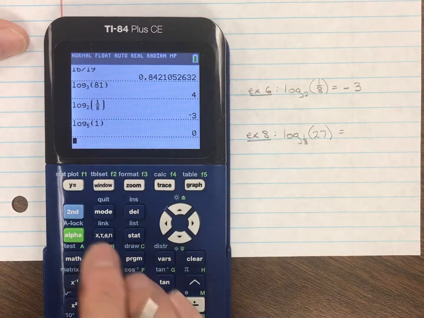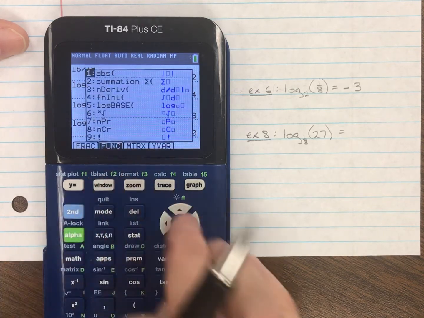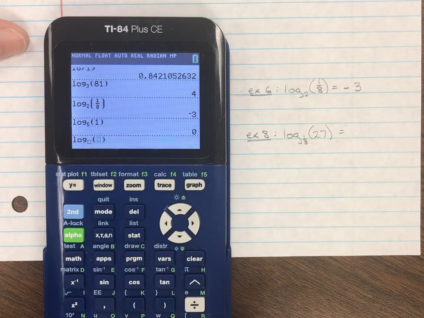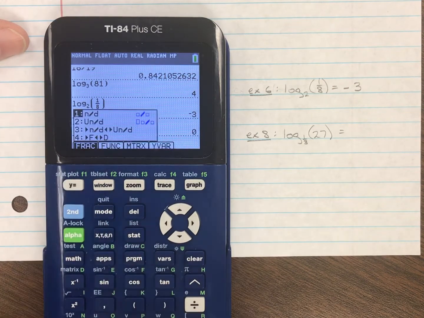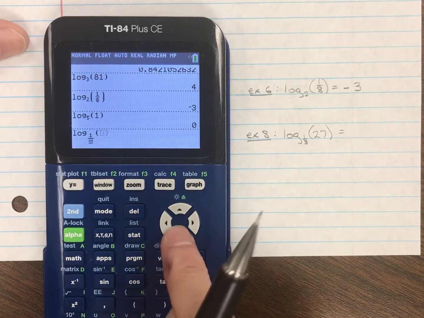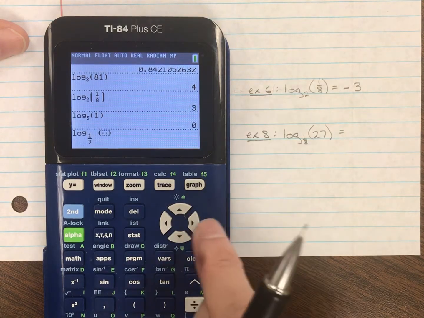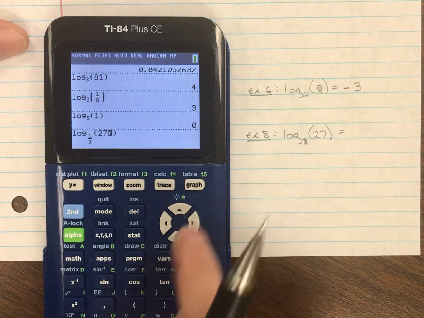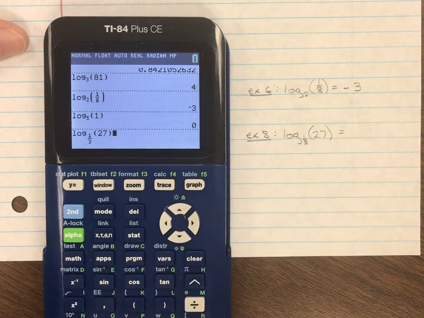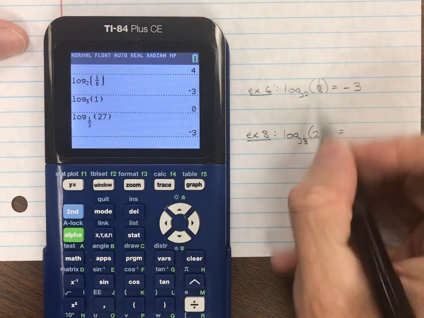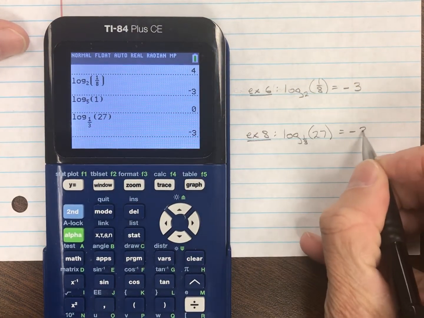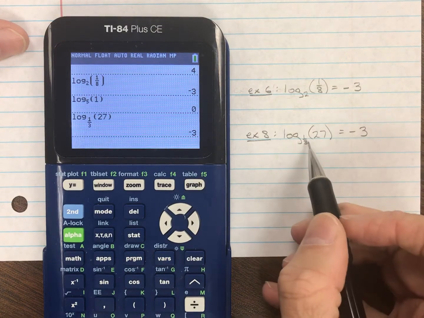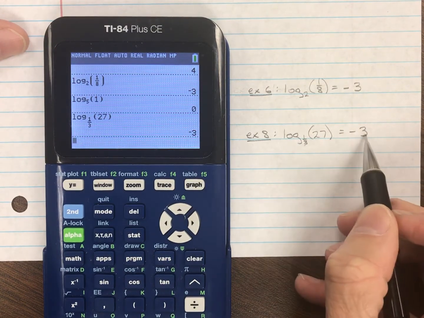Okay, here's the base of 1/3. All right, I can do that. Again, green F2. I'll choose my log with a base I can put in. I'll put 1/3 in here. I might even put it in as a fraction. Sure enough, log base 1/3 of 27. And -3. Oh, I got the same answer again. That's interesting. -3. So the exponent: 1/3 to the -3.